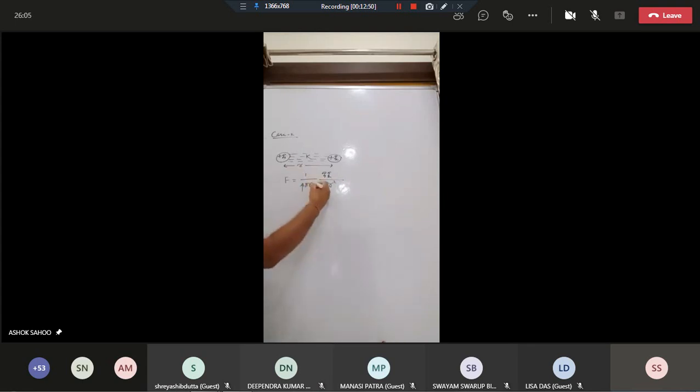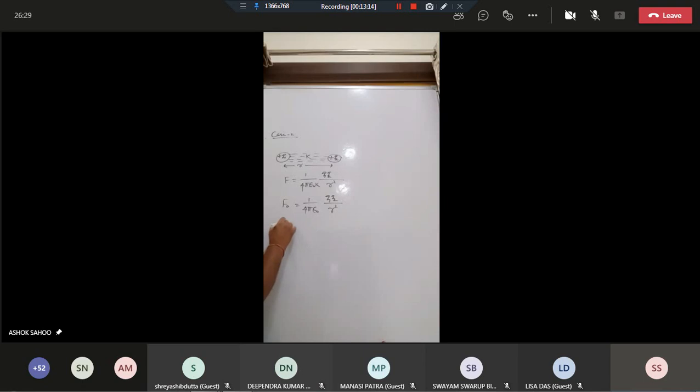Since it depends on the medium, you have to multiply here K. K is your dielectric constant. So if there is no dielectric, then what is the force? Force is 1 by 4 pi epsilon naught into Q1 Q2 by R square. If no dielectric, this; if there is dielectric, then this is the force.